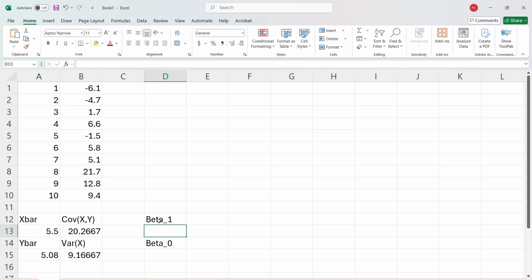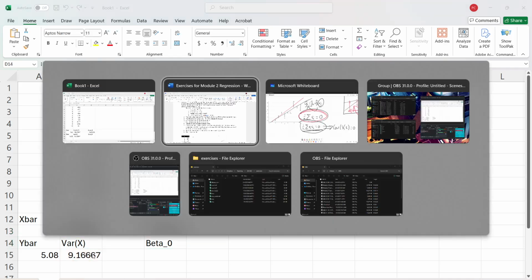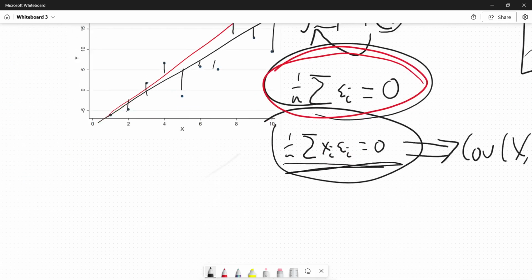Beta 1 should be equal to the regular covariance of x and y divided by the variance of x. And I'll hit the button: 2.21091.